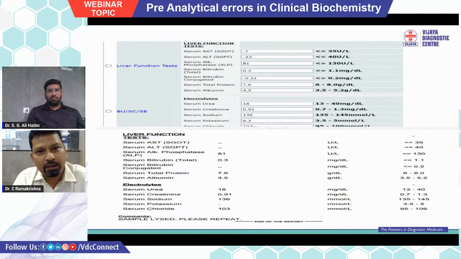Here you can see the parameters ALT, AST, bilirubin, all are in the negative range. So in this case, the sample seems to be lysed, and the sample has to be repeated.